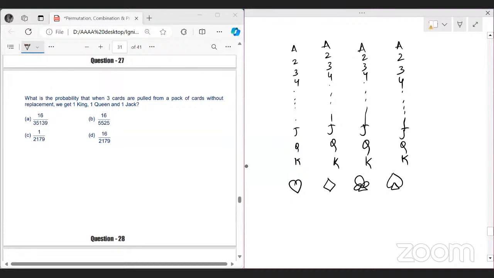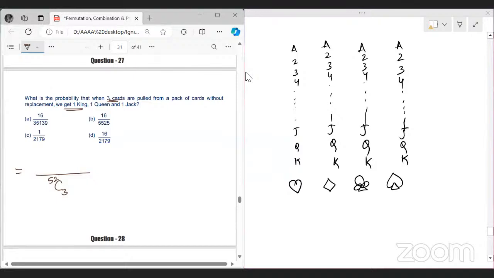Probability that when 3 cards are pulled. First of all, what is the total outcomes? You are pulling 3 cards out of 52 cards, so 52C3. Out of which I want one king.